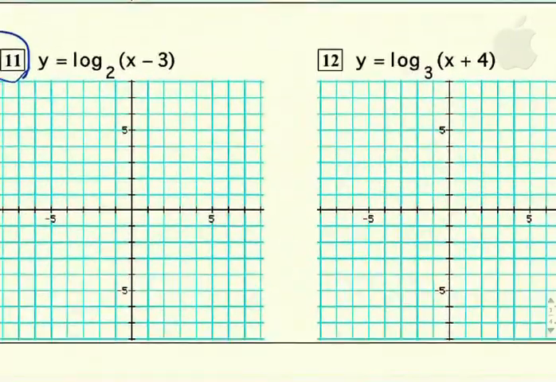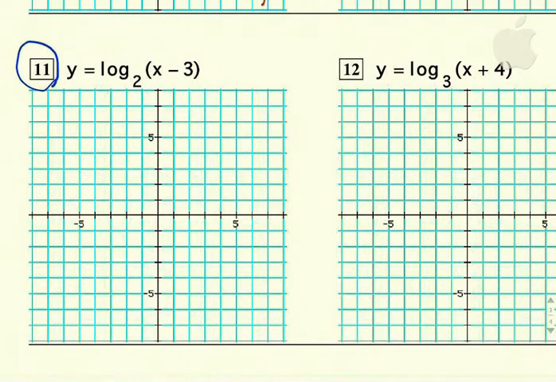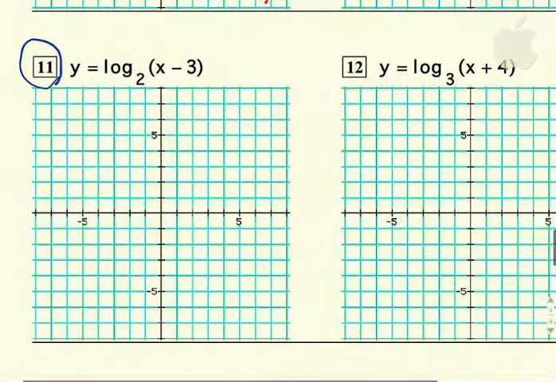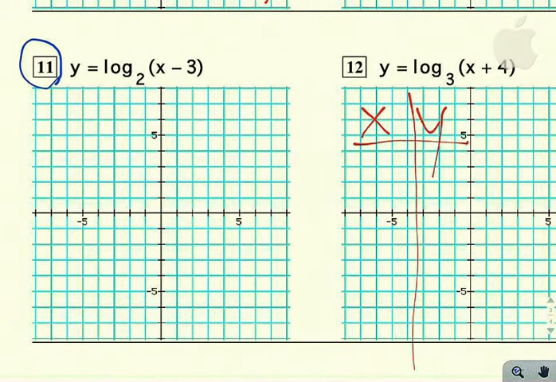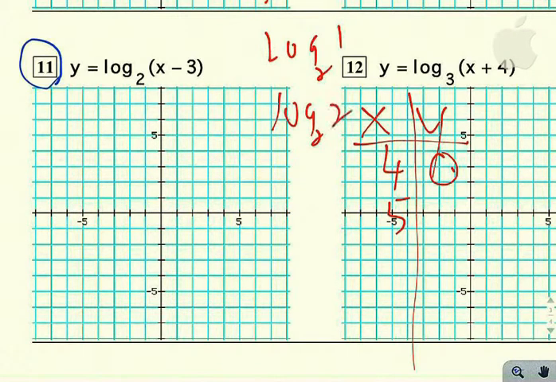Number 11. Have to be a little more thoughtful about what you plug in for x so we can take the log of it. If x is 4, then we'd be having log to the base 2 of 1, which is 0. And if x is 5, then we'd have log to the base 2 of 2, which is 1.